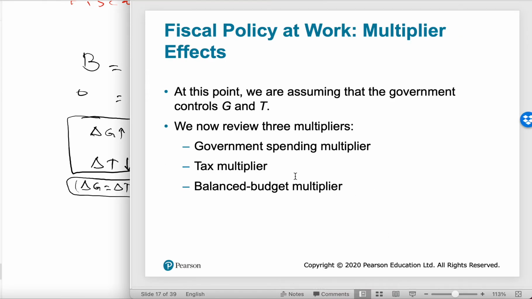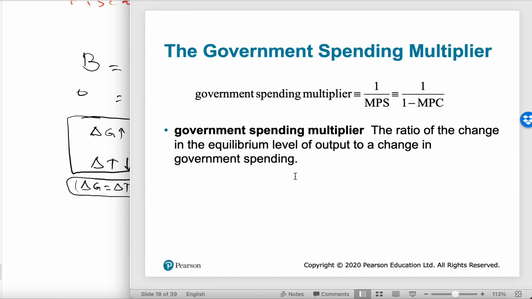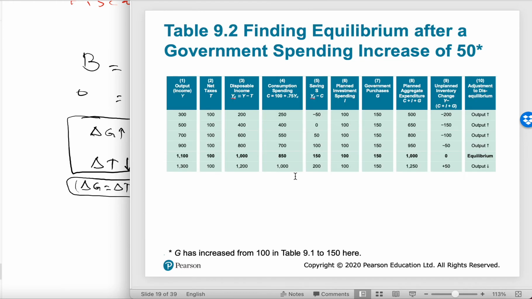So what is the government spending multiplier? We already said it's 1 over MPS. Now let's assume that the government spending, which was 100, is now increased to 150.